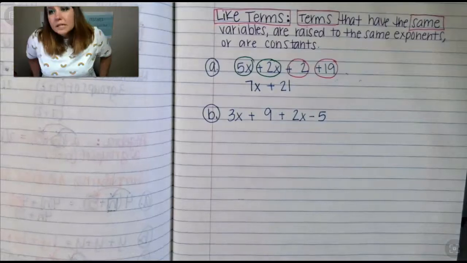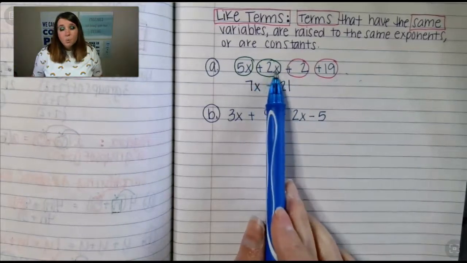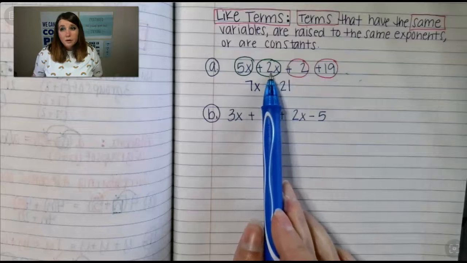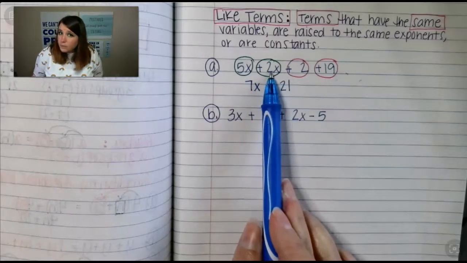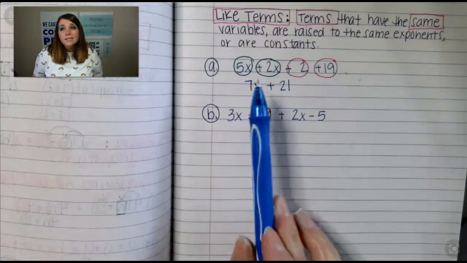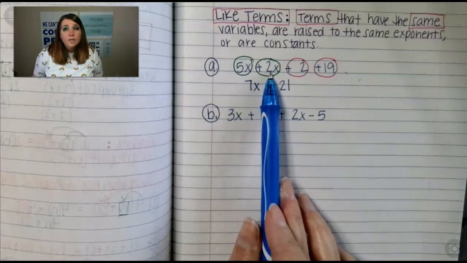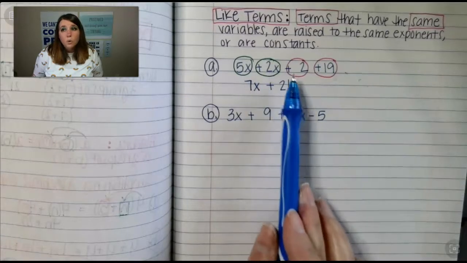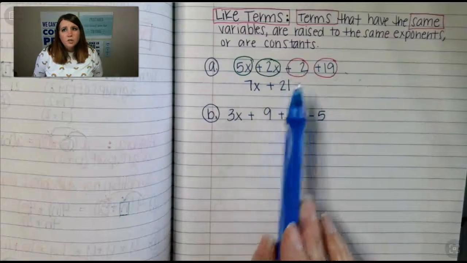Notice up above that I circled the symbol with the operation with the number that it was in front of. It's really important to do that because this operation becomes part of this coefficient or this constant. It becomes part of the term.